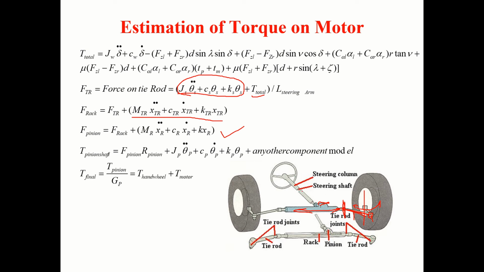Finally, what is the torque here? Force on the pinion and R pinion, that is a torque. Then I have considered pinion dynamics. Okay, that is the torque. If I am using any gear ratios or whatever it is, I'm dividing. And that total final must be hand wheel torque plus motor torque.